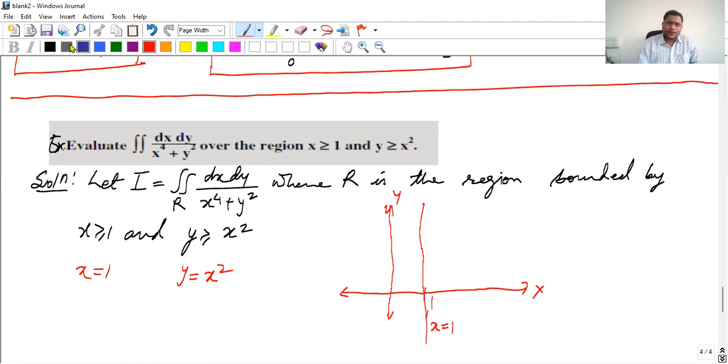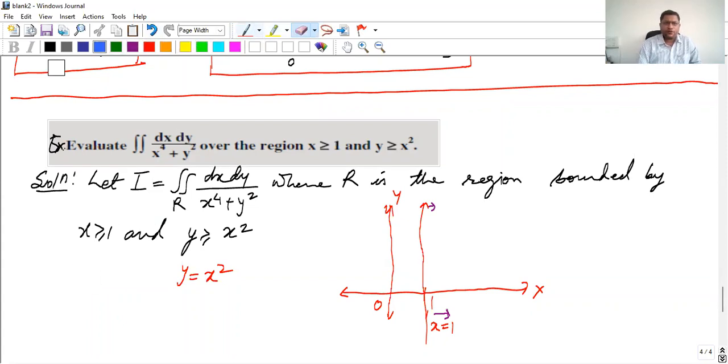Since x is greater than or equal to 1, that means the area on this side, because we want x greater than or equal to 1. Is that okay? Yes, sir. So we got this area.